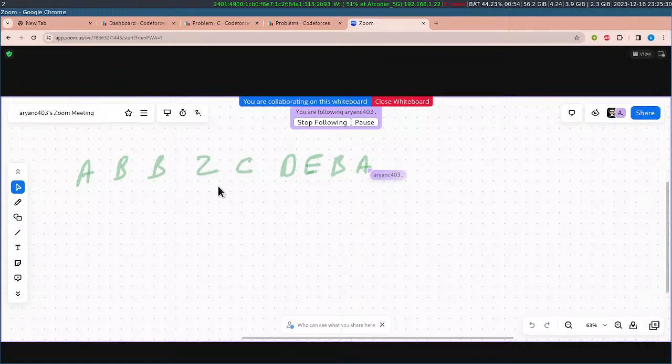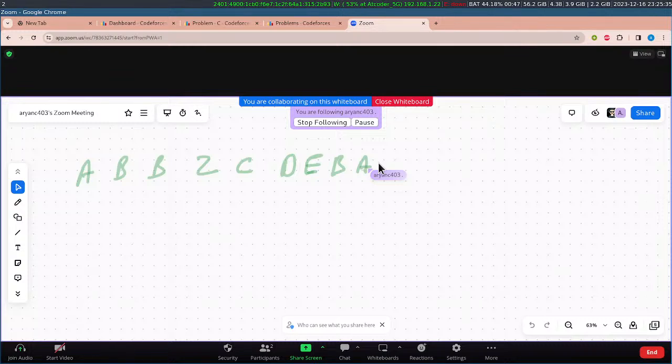I have taken one example where the string is A, B, B, Z, C, D, E, B, A. And let's say I am also giving you the lexicographically largest string, which in this case would be Z, E, B, A.